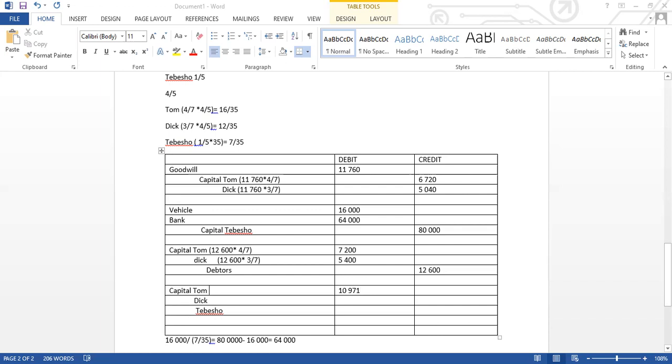Of the new partnership, the new ratio. You are told 24,000. You multiply with 16 over 35, the new 35. And then Dick, how much will Dick get? 8,229.